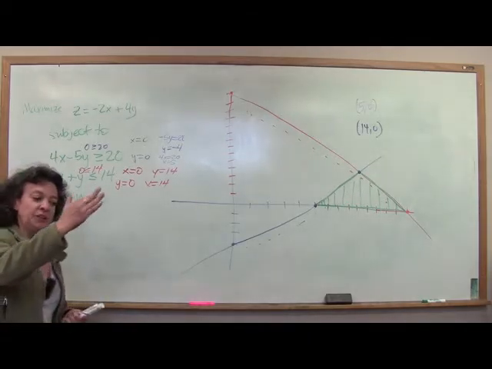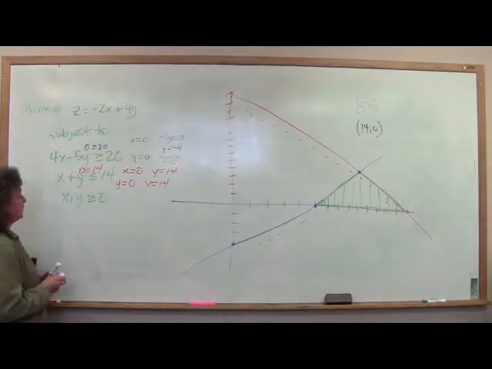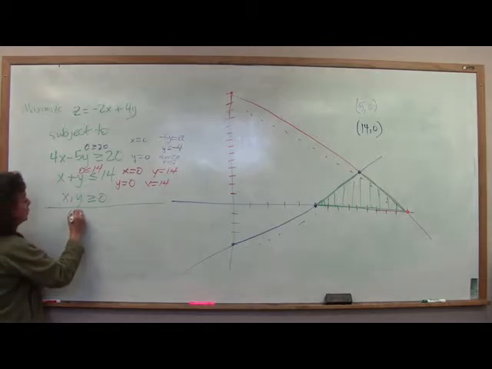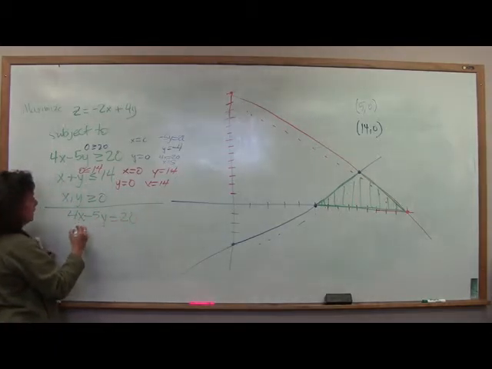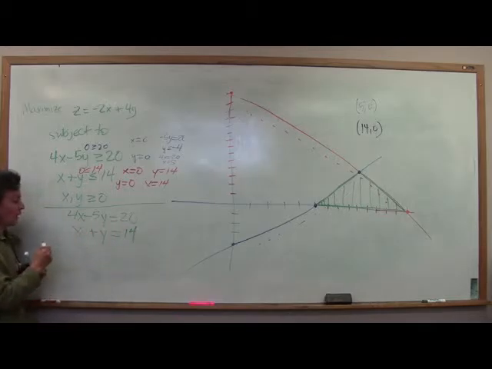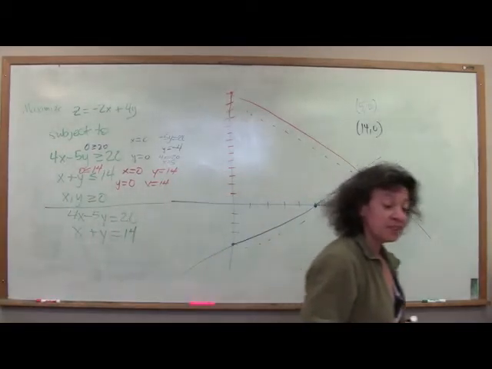So, let me just back up for a second and relate this to something that we've done. Aren't we looking where 4x minus 5y equals 20 intersects the line x plus y equals 14? Okay, we're looking for the ordered pair that lies on both of these lines.